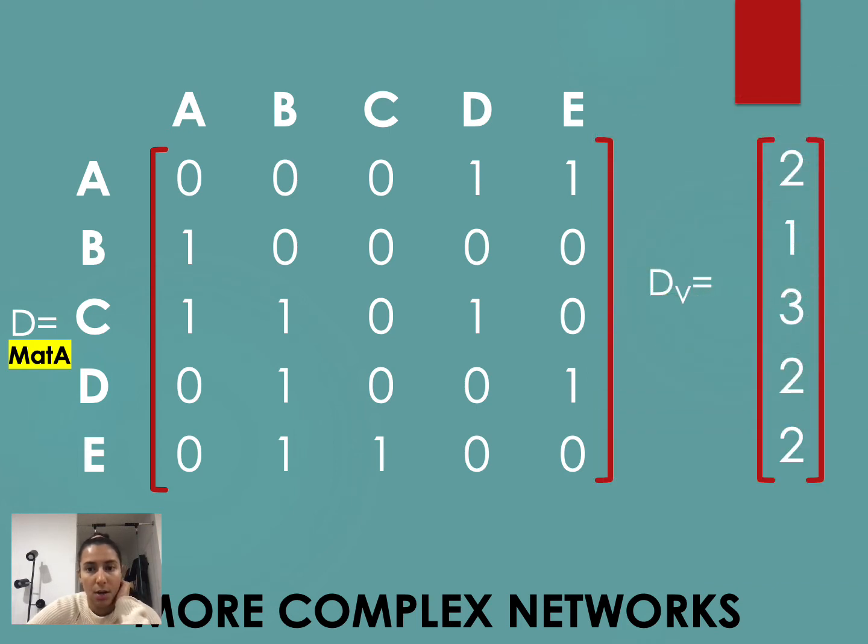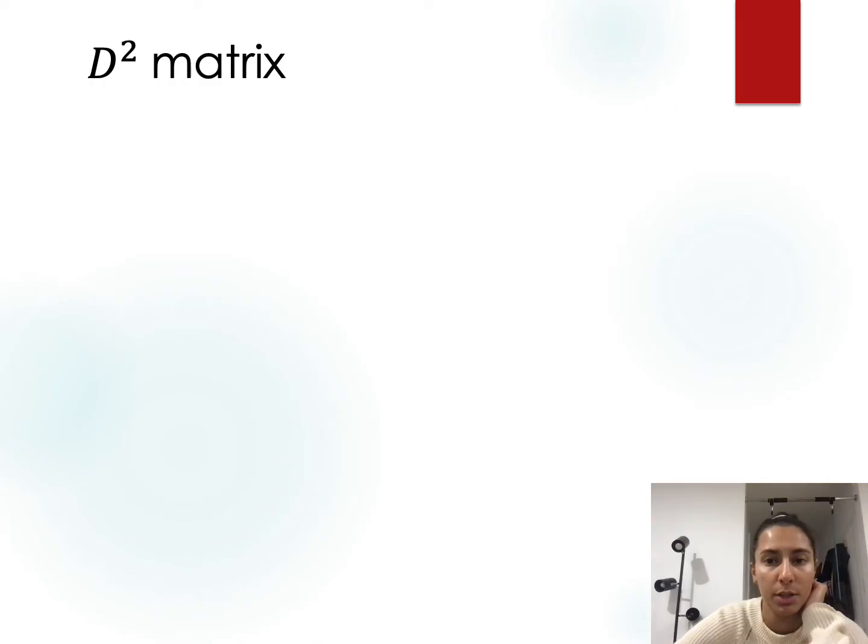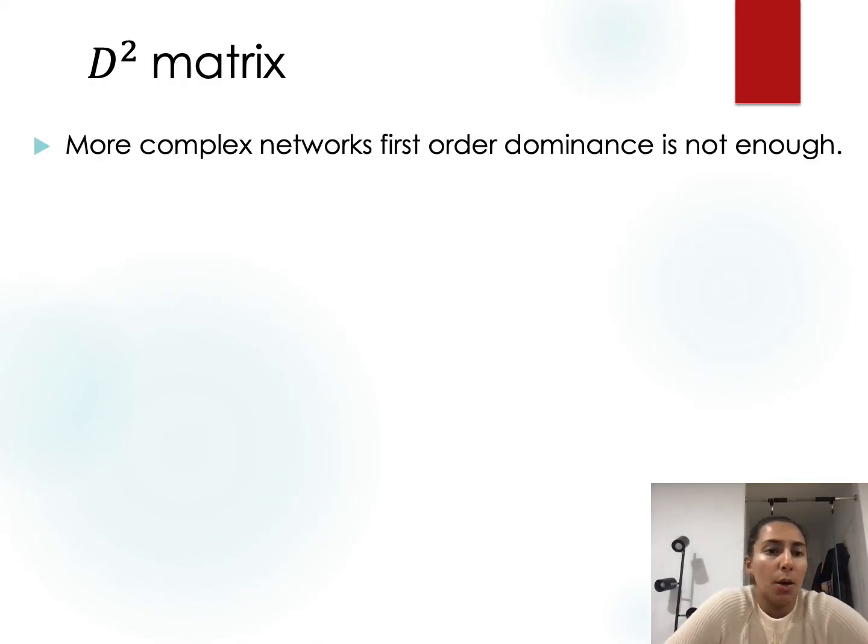So what we can see here though is that we have 3 players that are evenly ranked. So what do we do here? When our networks get more complex or our teams get more complex, our first order dominance isn't always enough.